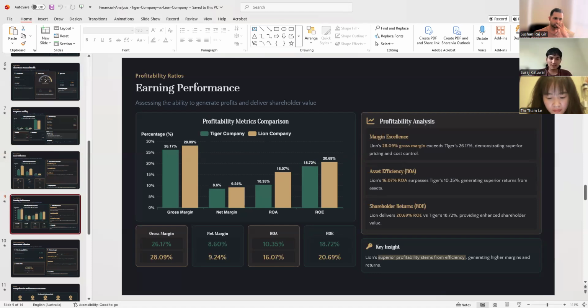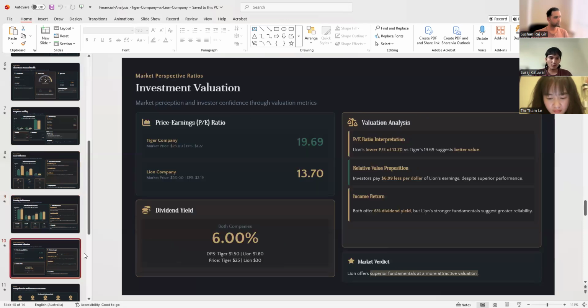This results in a much higher asset turnover ratio of 1.45 versus 1.03 for Tiger. These results indicate that Lion generates more revenue per dollar of assets, reflecting superior operational efficiency and cash flow management.